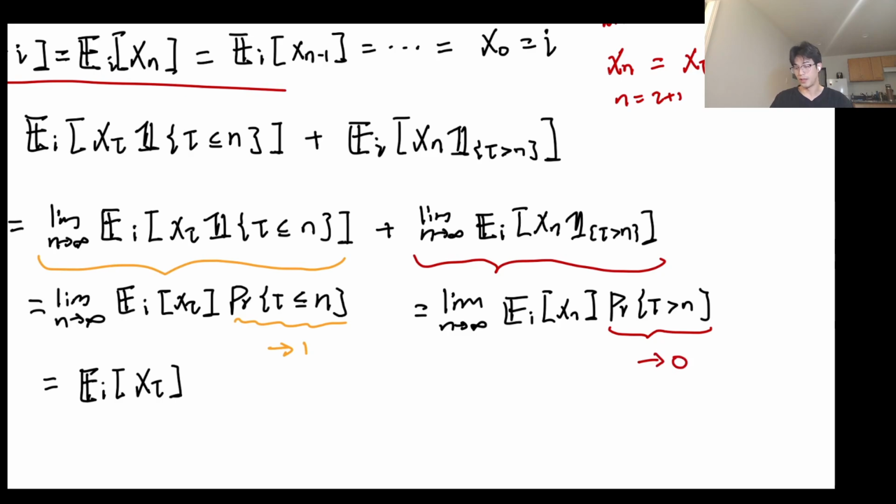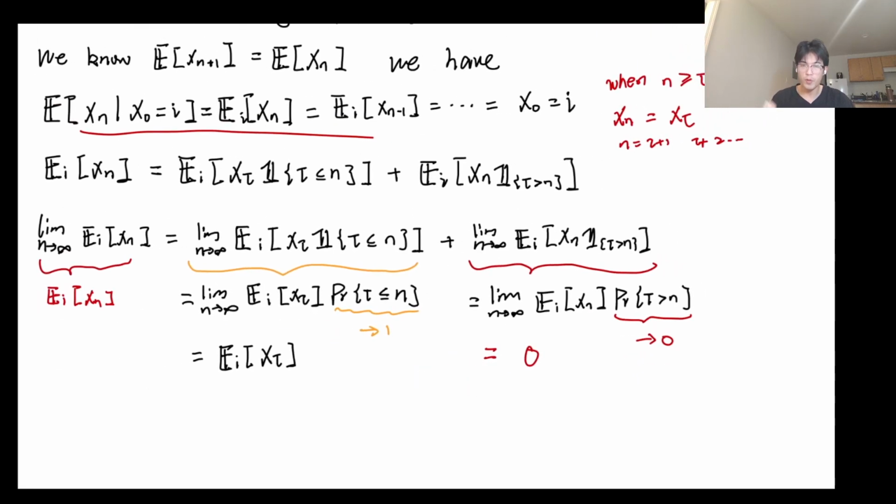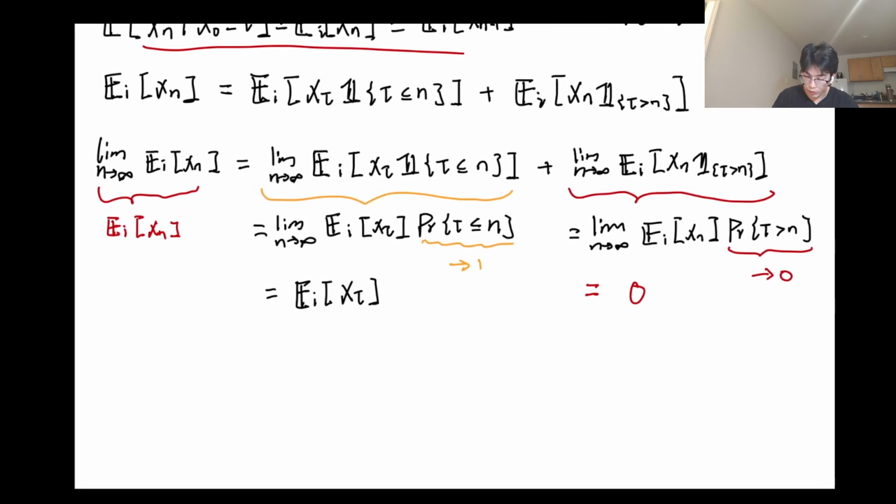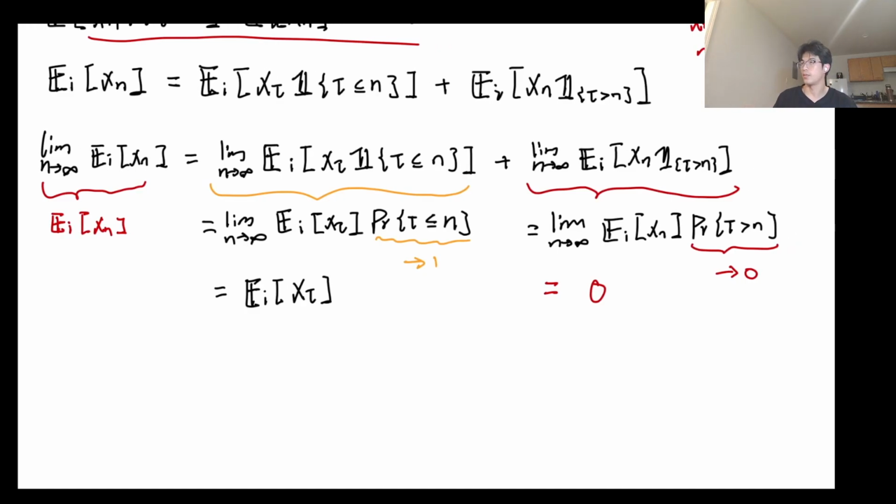When n goes to infinity, the probability of tau greater than n goes to 0, and this makes the entire thing go to 0. And by this simple limit trick, we bridge xn with x tau.